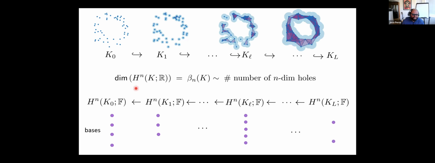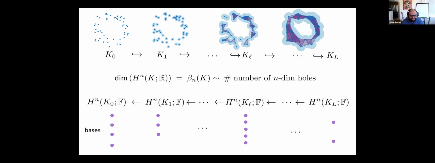So instead of thinking about the Betti numbers as dimensions, I actually think about the cohomology vector spaces and how the vector spaces change across scales. And what the algorithms do is essentially they track how the basis elements are related to each other from one scale to the next.